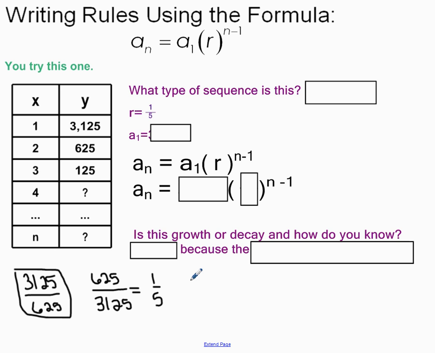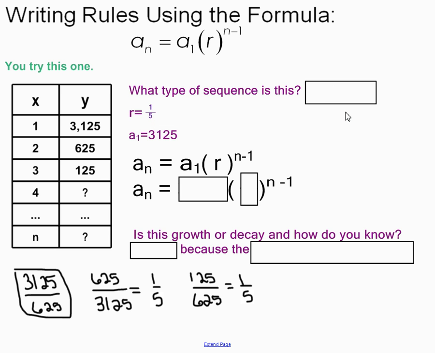And if I wrote my third term over my second term, it's going to tell me that I'm multiplying by 1/5. Multiplying by 1/5 and dividing by 5 are the same thing.